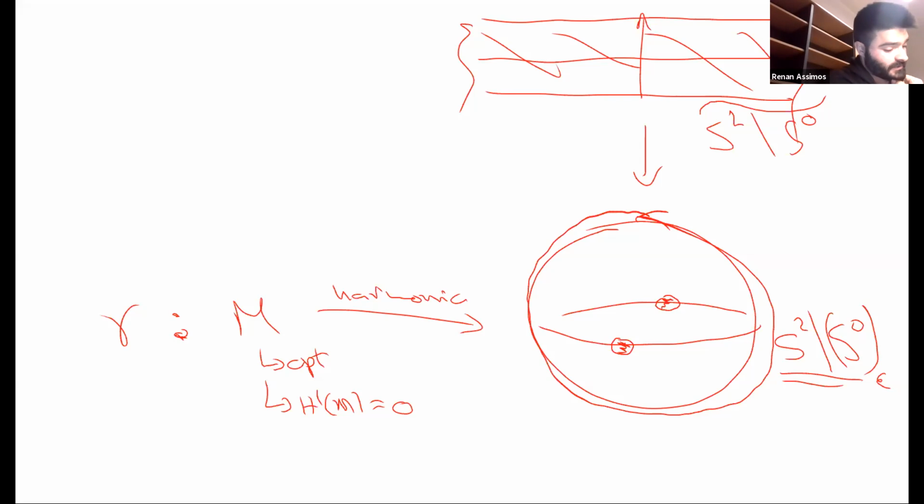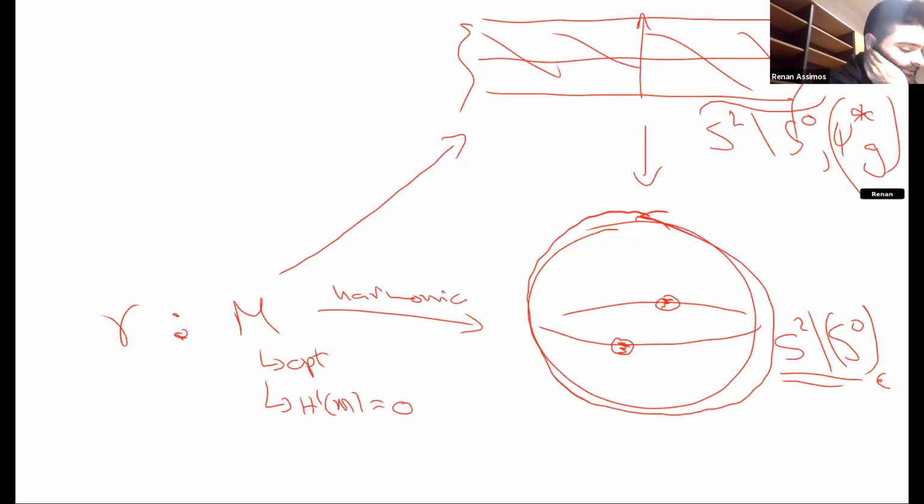And the question is the following: if we are able to lift this map as a harmonic map, then what can we do? First of all, in the universal cover we will take the pullback metric. So I take the pullback of the round metric down here, denoted by psi, okay?